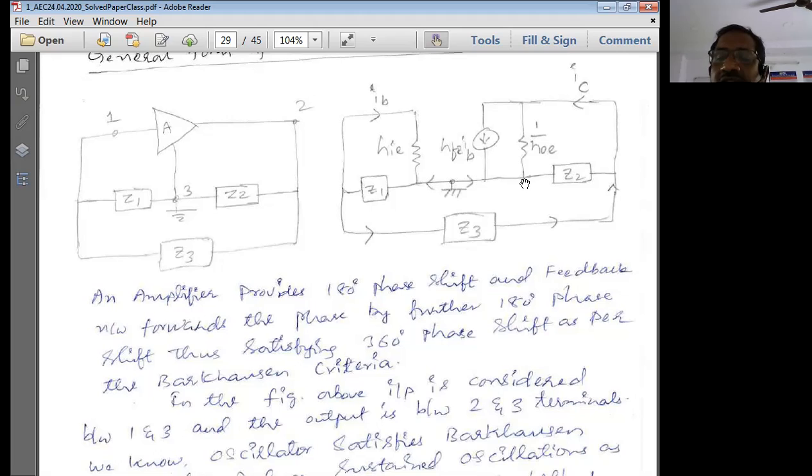Therefore, we call it a current controlled device. So as it is a current controlled device, it is in general producing the current. Therefore, I replace the output terminals by the current source. This 1 by HOE is taken as the internal resistance of this particular current source. So this is the basic equivalent diagram for the amplifier circuit.